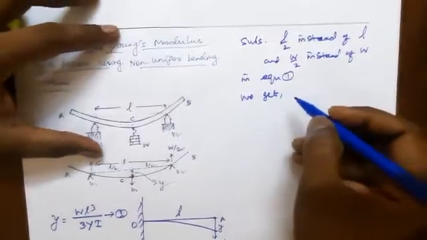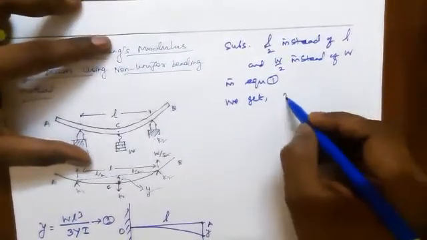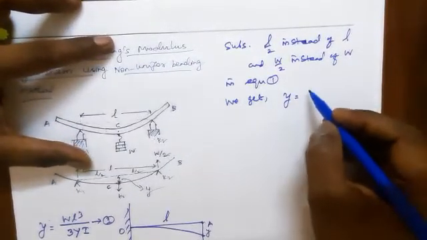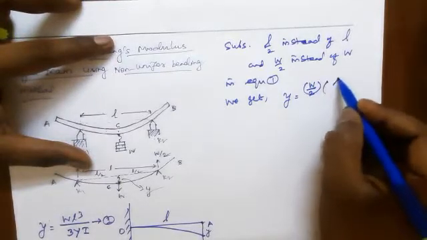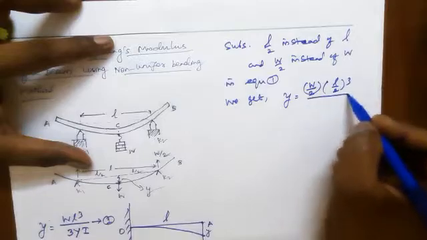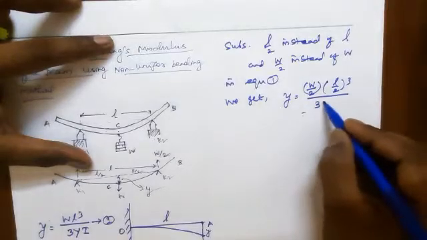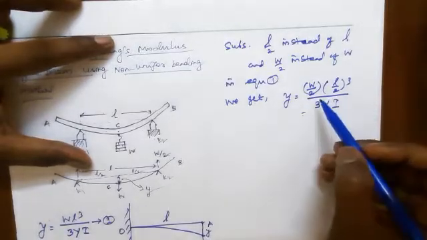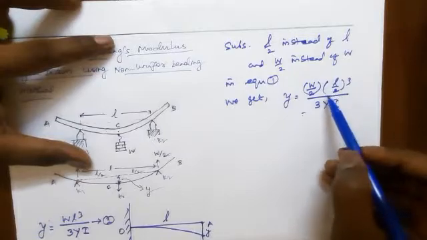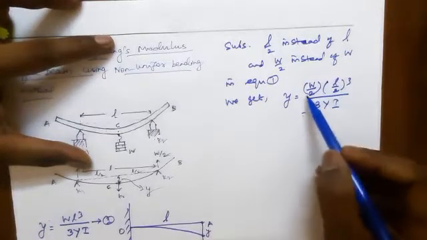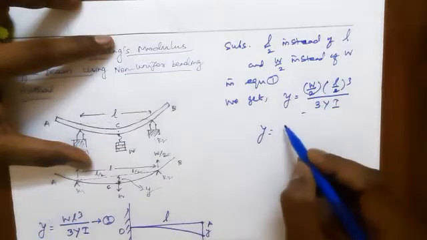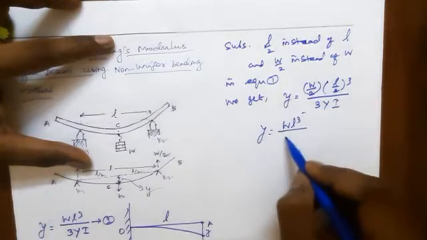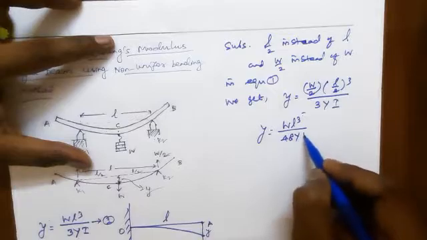We get small y equal to W by 2 into L by 2 whole cube divided by 3YI. Here 8 into 2 is 16, 16 into 3 is 48. Therefore, small y equal to WL cube divided by 48YI.